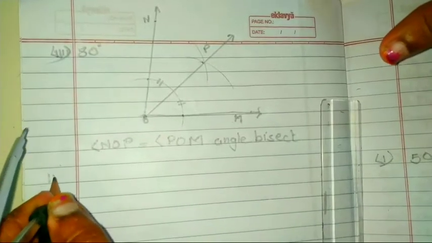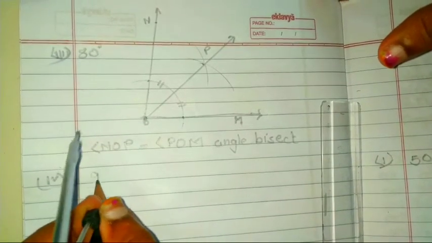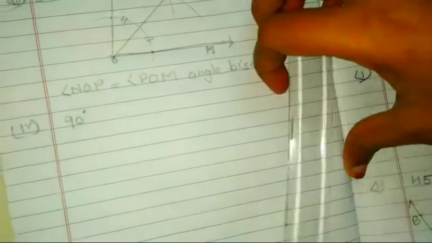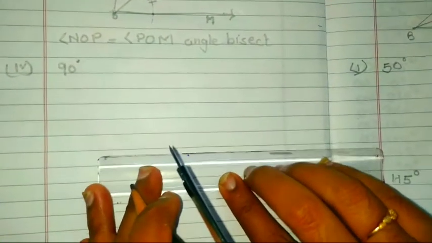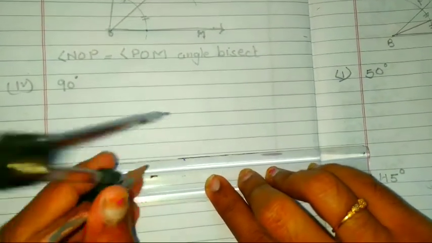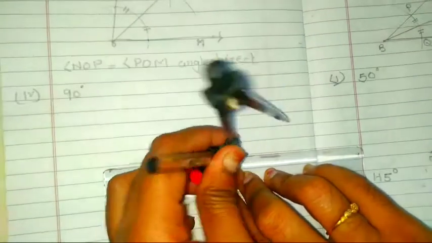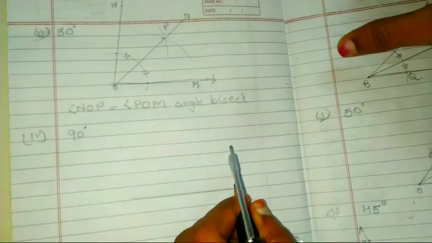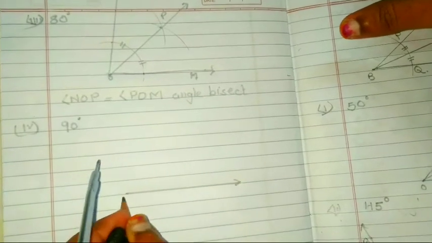Same as before. Next and last question, fourth question, 90 degrees. At first draw 90 degrees. I think all of you understand the angle bisect. You can practice at home.